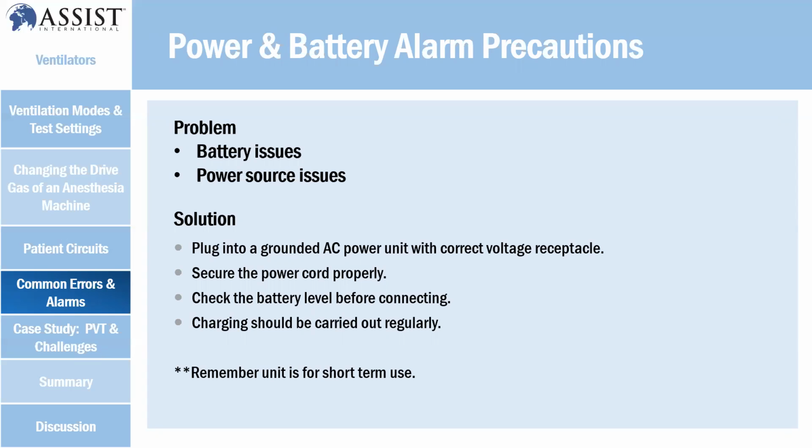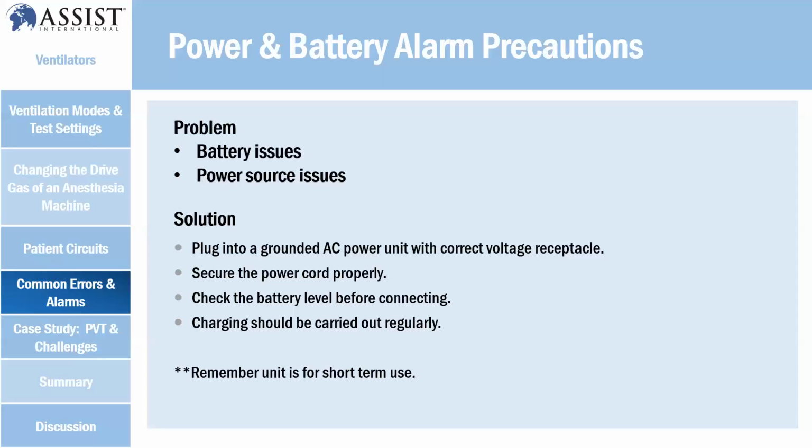So the solution is to always plug into the proper, correct voltage and use a proper, secured power cord. Check the battery level before connecting. Charging should be carried out regularly. Basically, you have to charge regularly and make sure the battery is charging properly.